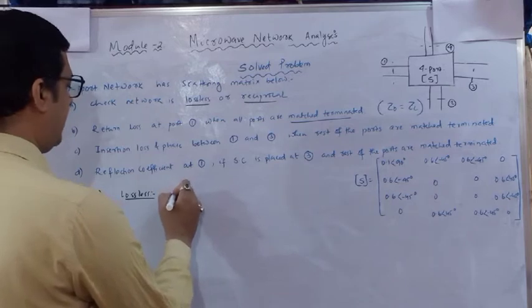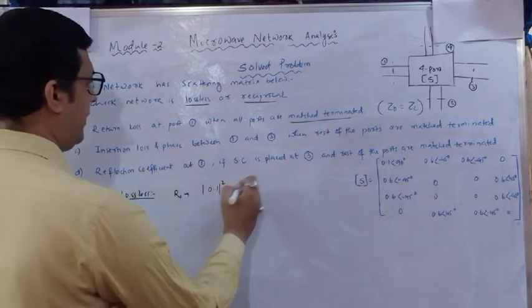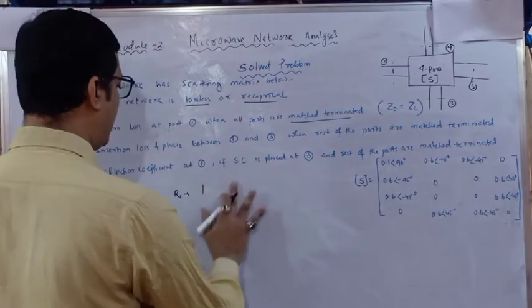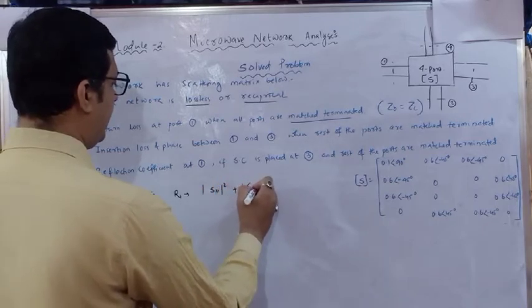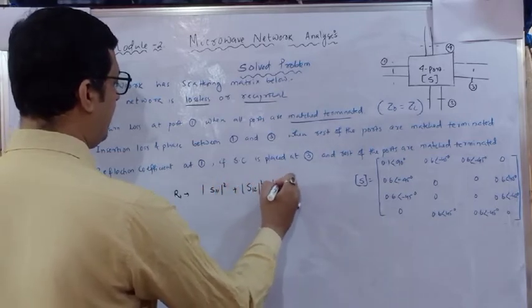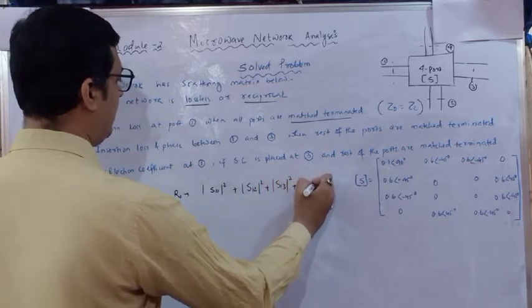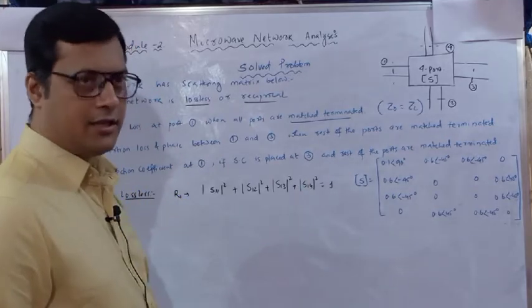If I am taking row 1, it is the mod of S11 whole square, no angle, only the magnitude part. I will write the equation first: |S11|² + |S12|² + |S13|² + |S14|² must be equal to 1 if it is lossless.